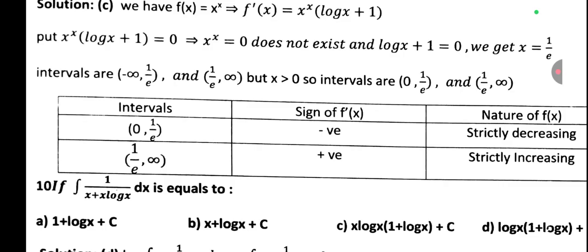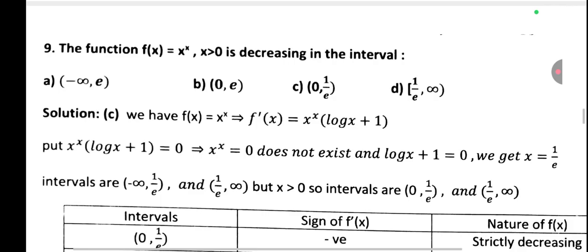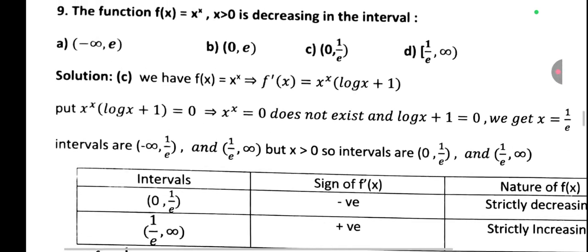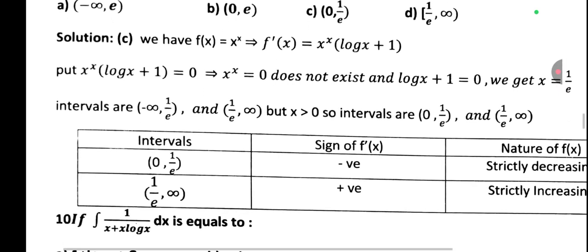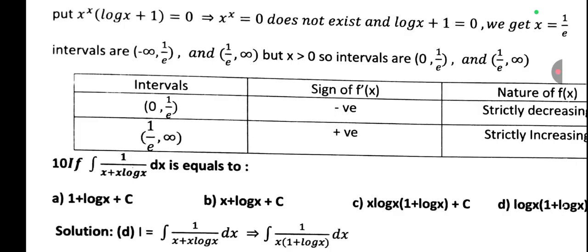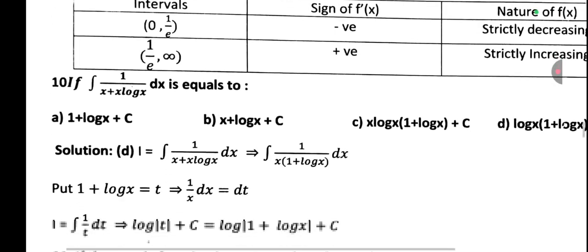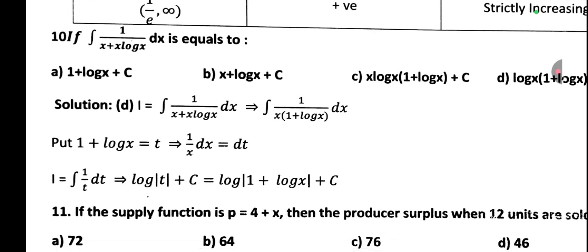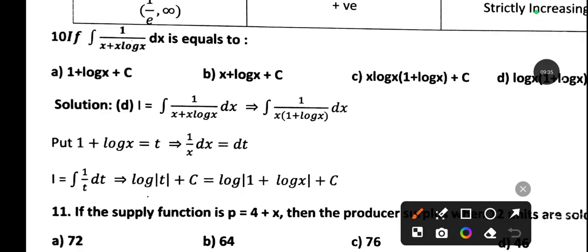One is strictly decreasing, another one is strictly increasing. So for decreasing, 0 to 1 by e is the answer. Suppose they have asked for increasing in the question, then 1 by e to infinity. So read the question and do it properly. If you want this type of question with proper explanation, inform me in the comment box.